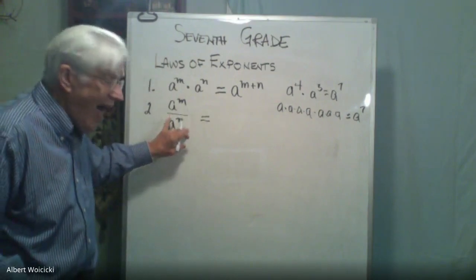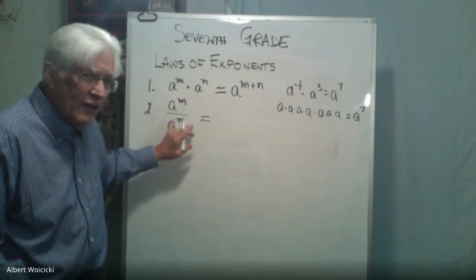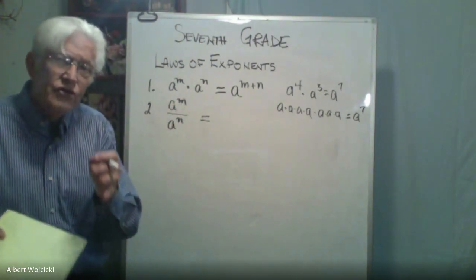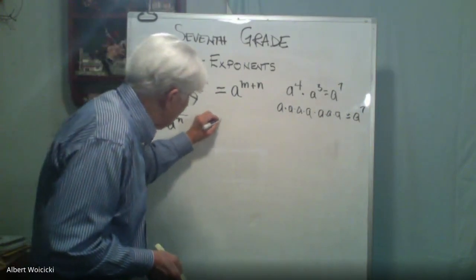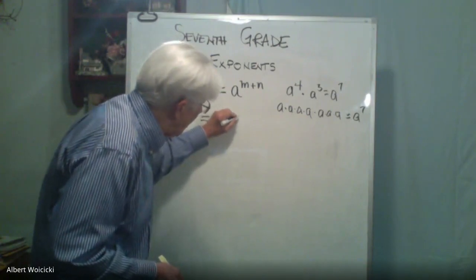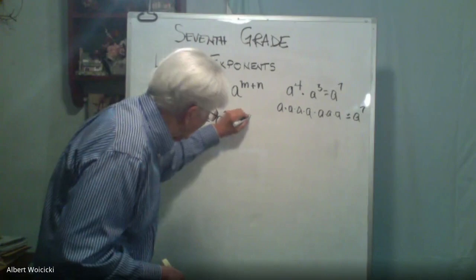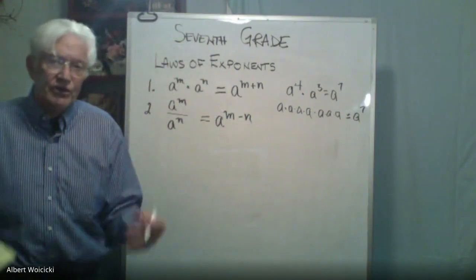But what happens is when he moves across the sign, that 2 changes sign. So this becomes a to the m, the opposite of n. a to the m minus n, or plus the opposite of n.